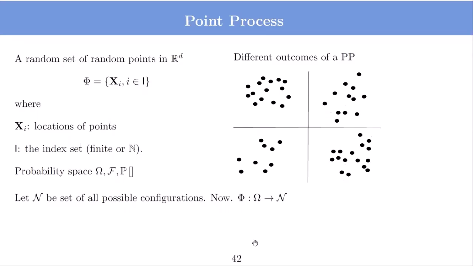So a point process is a map from capital Omega to N. It takes each outcome and maps it to one particular configuration of points. So whenever you do this experiment, one outcome happens, and the configuration corresponding to that outcome also occurs to give you a particular set of points. So that would be one realization of the point process.